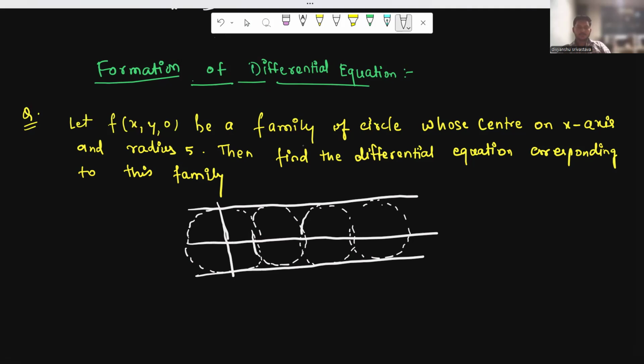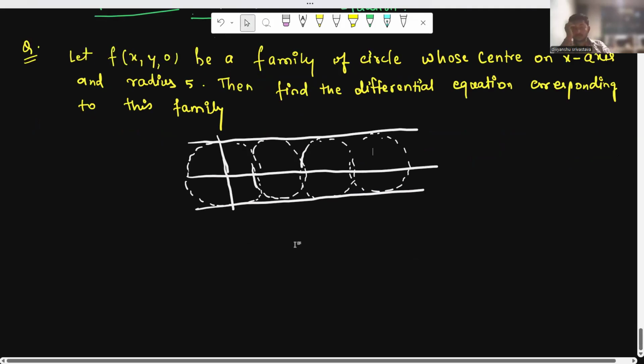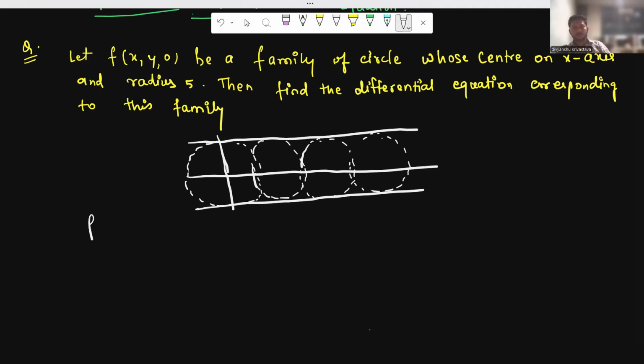So first, you know very well, if you have a family of circles, then you have an equation like this: x square plus y square equal to a square. So here a family is given, a function f(x, y, 0). Then the family of circles, you write like (x minus a) square plus y square is equal to 25.